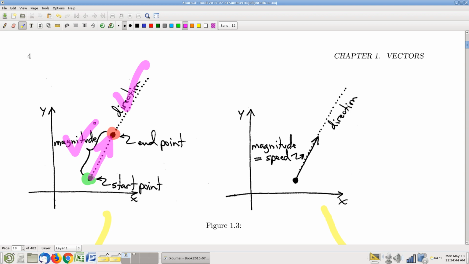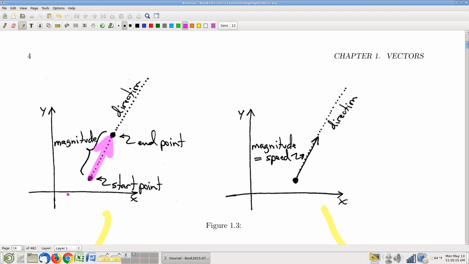How would I describe this physical concept of displacement? Well, I would need to find some way to communicate what direction the displacement is in, and some way to communicate how far I'm supposed to go in that direction. Importantly, notice that this concept of displacement makes perfect sense even if you don't know your starting point.